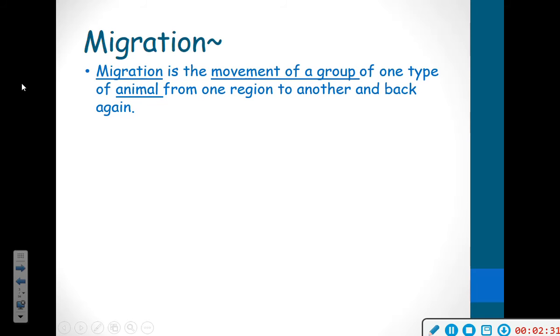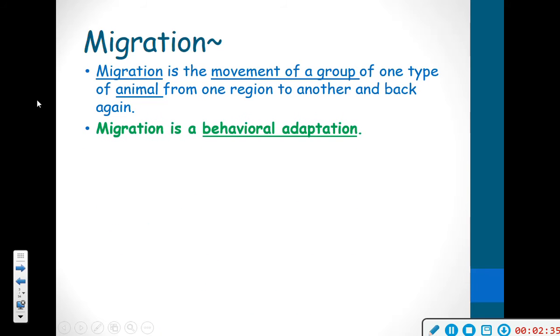And migration is a behavioral adaptation. So it's something in their behavior that makes them adapted to their environment. Previously, we were talking about body adaptations. Now we're talking about behavior adaptations.